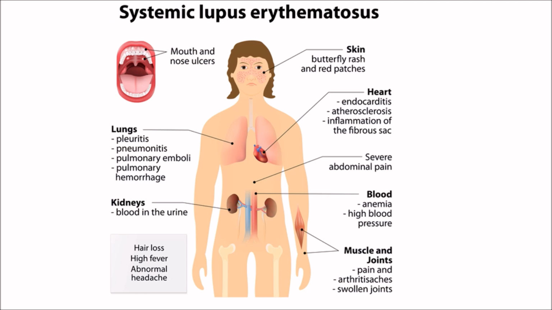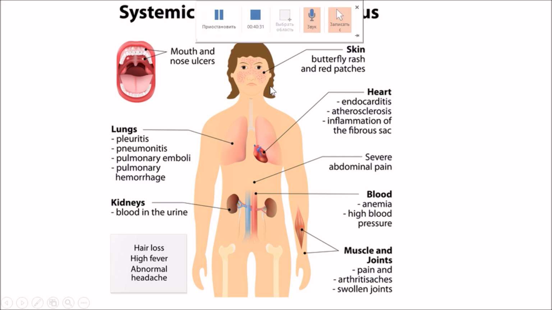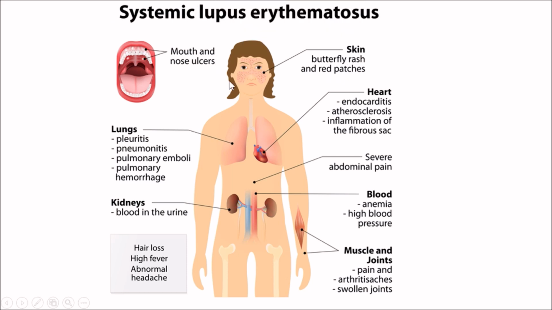During systemic lupus erythematosus, many organs are damaged, as well as the skin, where we find the butterfly rash and the red patch. Mouth and nose ulcers develop. In the pulmonary system develops pleuritis, pneumonitis, pulmonary emboli, pulmonary hemorrhage.